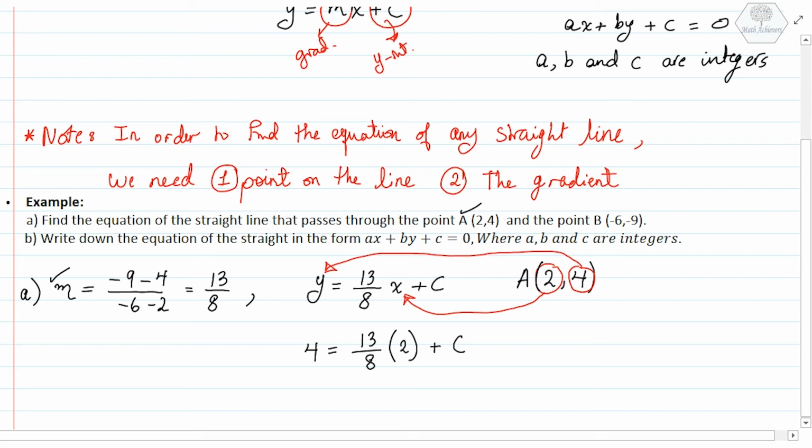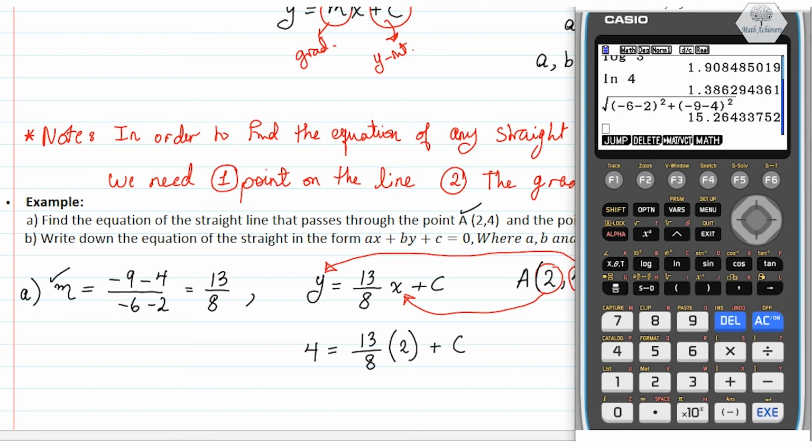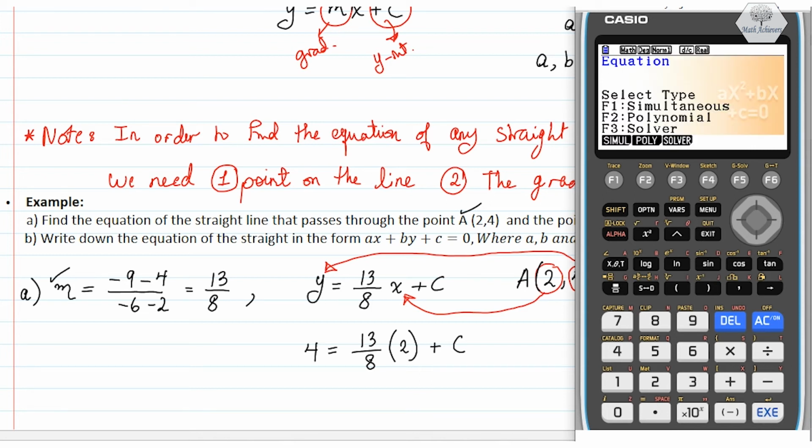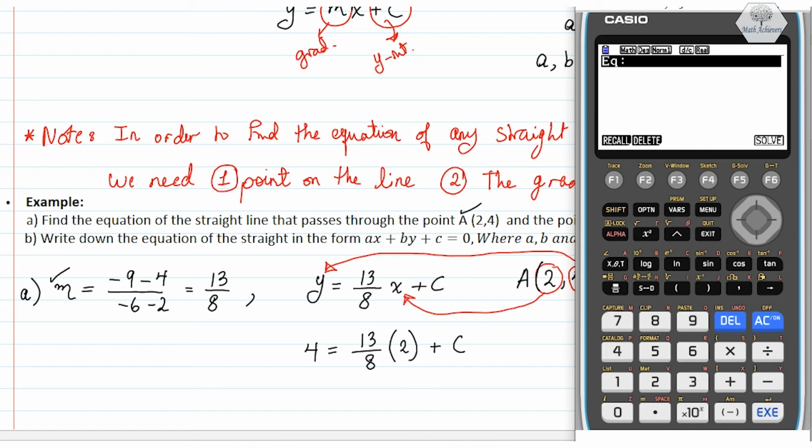I can solve this equation using the solver in my graphical display calculator. I go to my calculator, I go to menu, and then equation. After that, I choose the solver, which is F3, and I type in my equation. It's 4, shift equal, 13 over 8 times 2 plus the unknown.